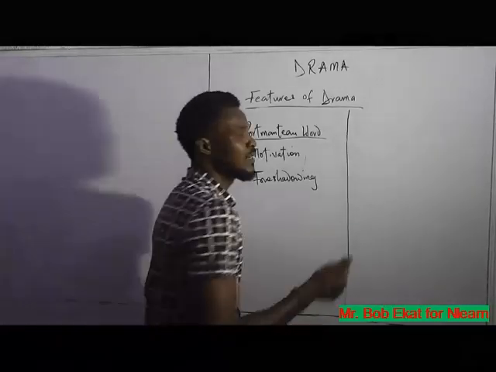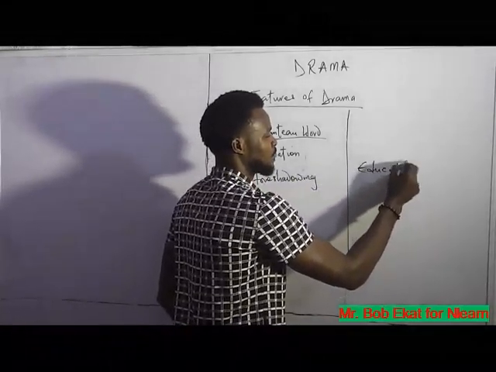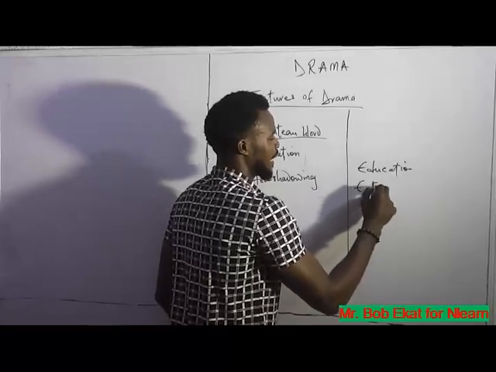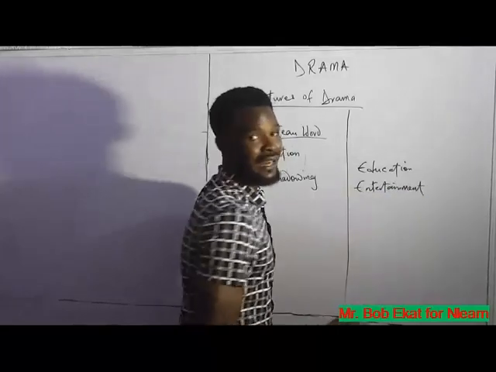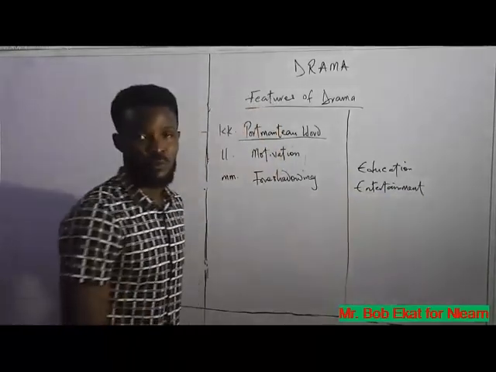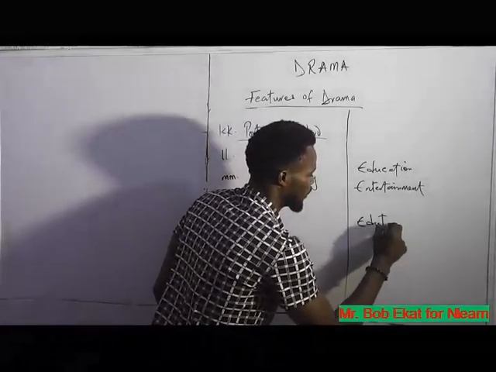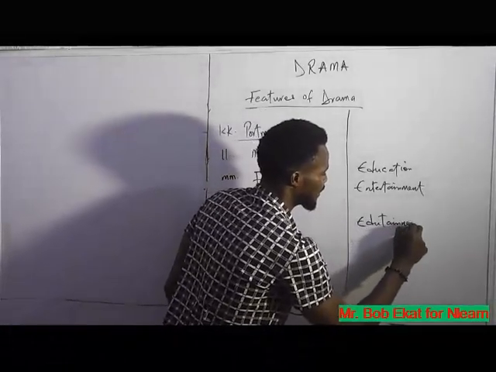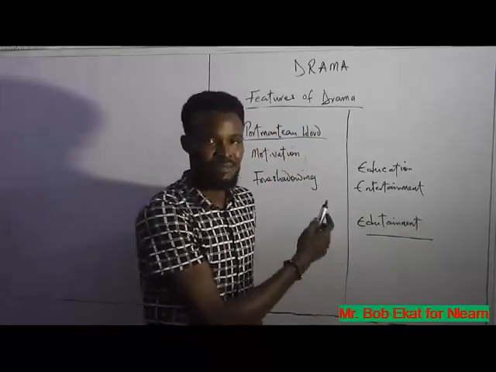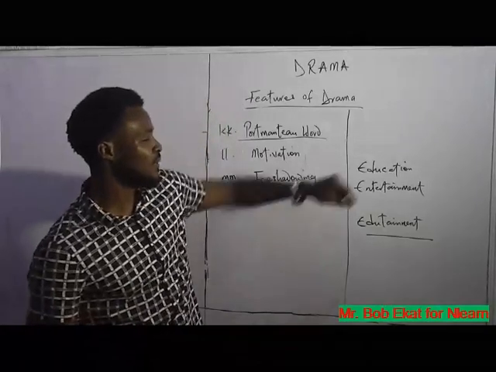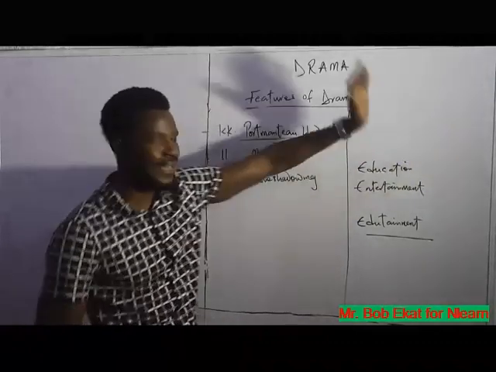For example, if I blend education and entertainment together to form one word, I may arrive at edutainment. This is a blend of education plus entertainment, and then I get edutainment.